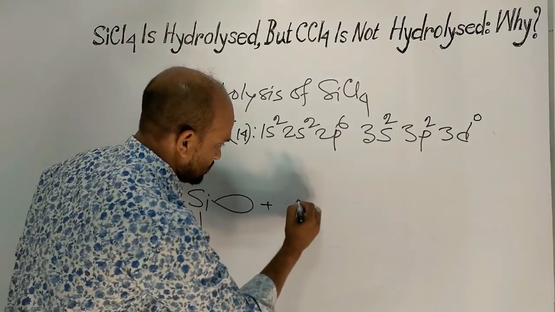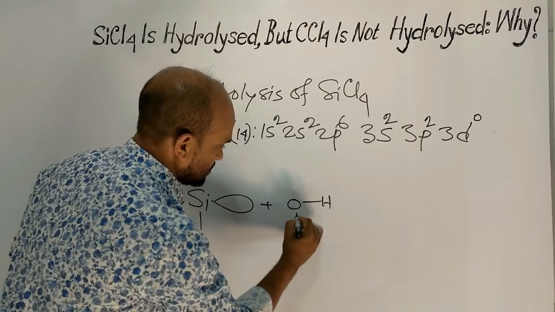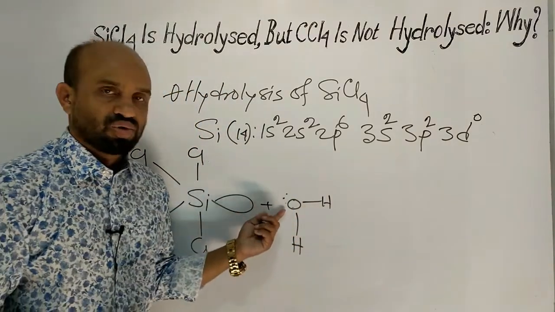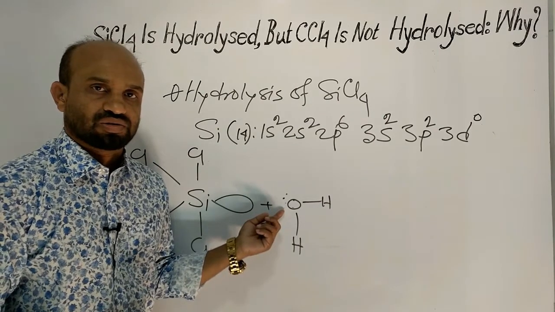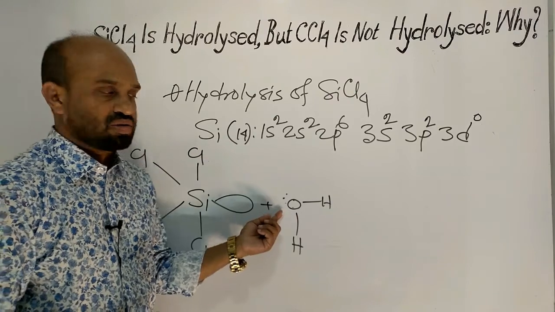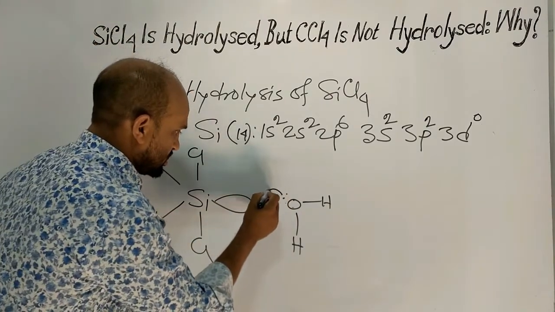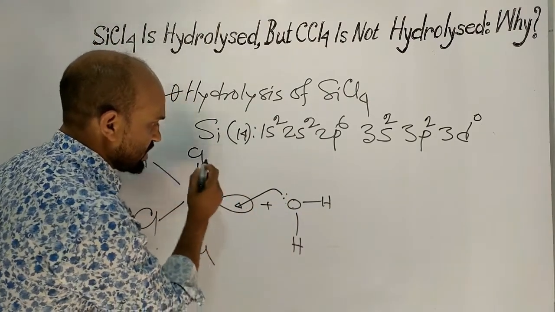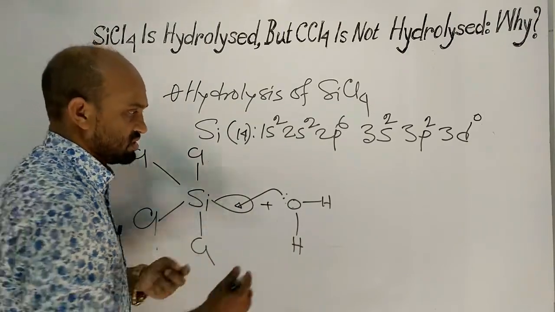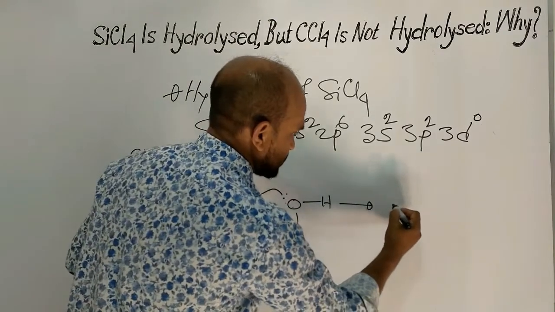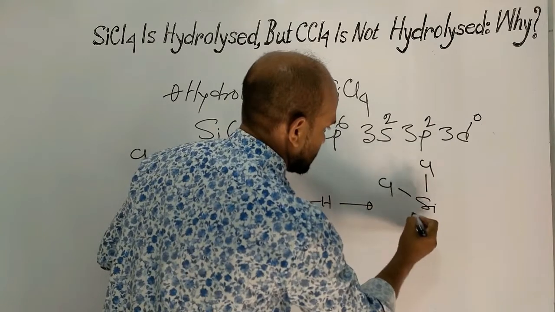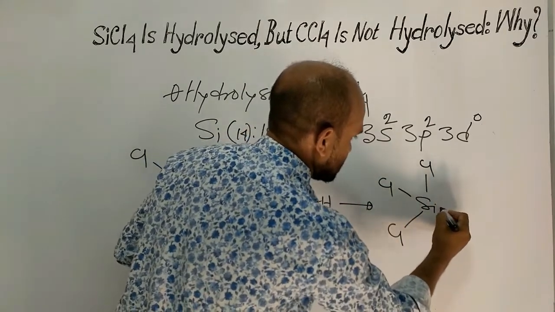Here is a water molecule. Oxygen has 2 lone pairs of electrons. Oxygen, using 1 pair of electrons, forms a coordinate covalent bond with this vacant d orbital of silicon, and this compound is formed. Silicon, chlorine, chlorine, chlorine.